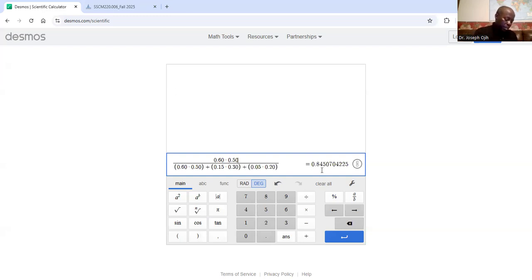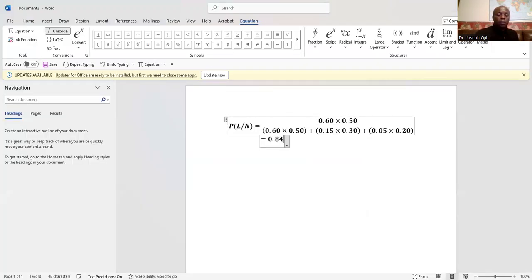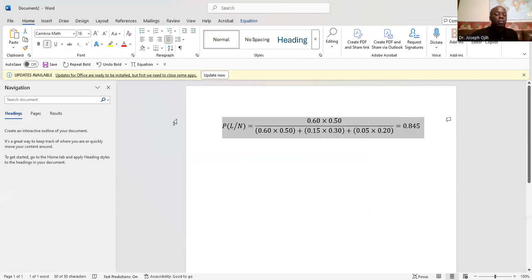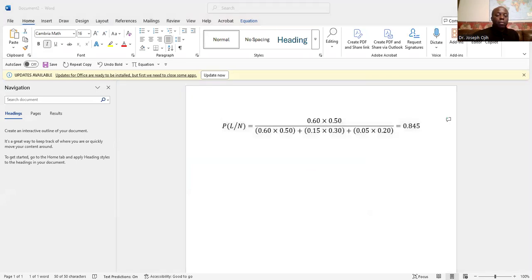The result is 0.845. So the answer becomes 0.845. I'm gonna unbold it, copy this and paste it to our main workbook. That's the answer we're looking for.